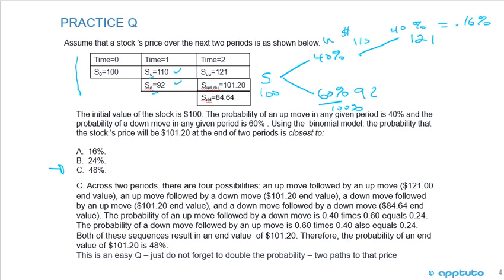And if it goes up in time 1, in time 2, there's also the chance that it can go down, which is a 60% chance, okay? And in that case, the stock price is going to be at 101.2.